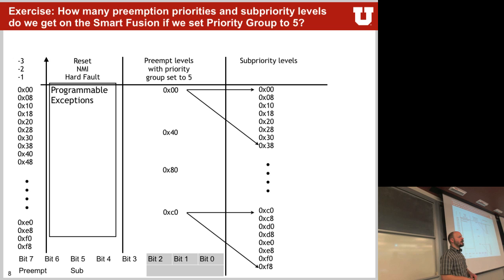Now, interrupts that are in the same group cannot preempt each other. Only interrupts from a higher group can preempt interrupts from a lower priority. So everybody in this group will not be able to preempt each other. They can only be preempted by interrupts that are in this group or that group.